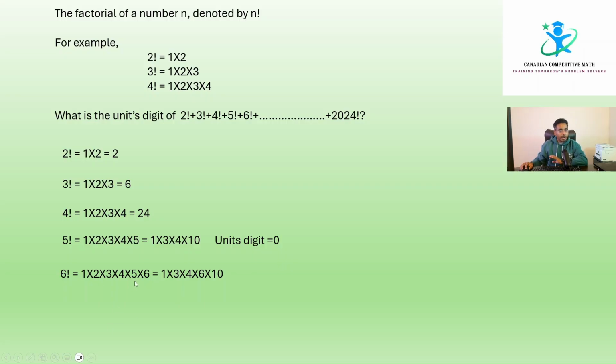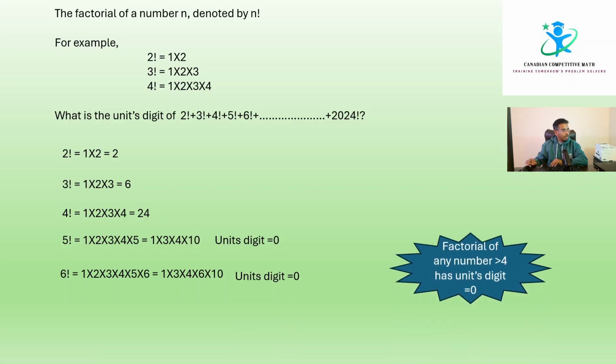Since 2 times 5 will be there in every factorial starting from 5 to 2024, meaning the factorial of any number greater than 4 will always have units digit 0.